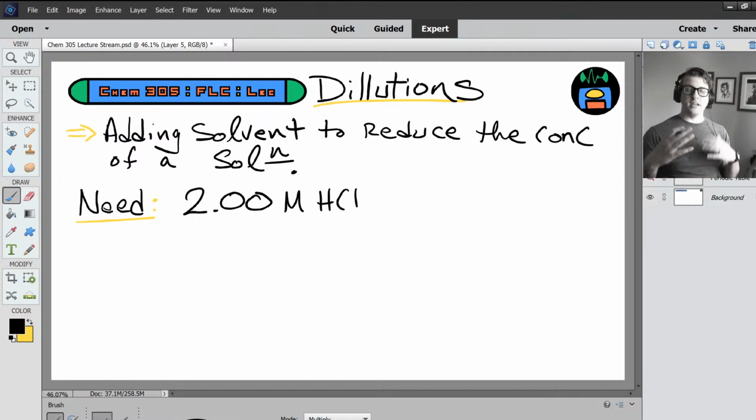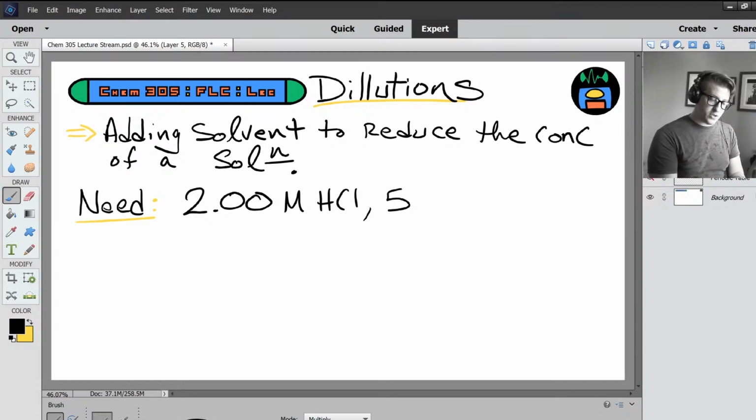All right, so they need a solution of HCl that's 2.00 molar, and let's say that for all the students to do the experiment, we need a total of 500.0 milliliters of it.